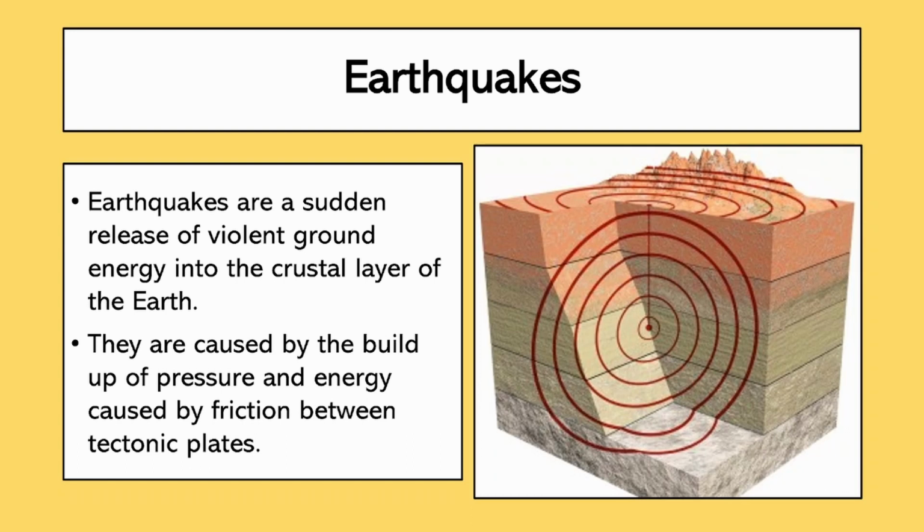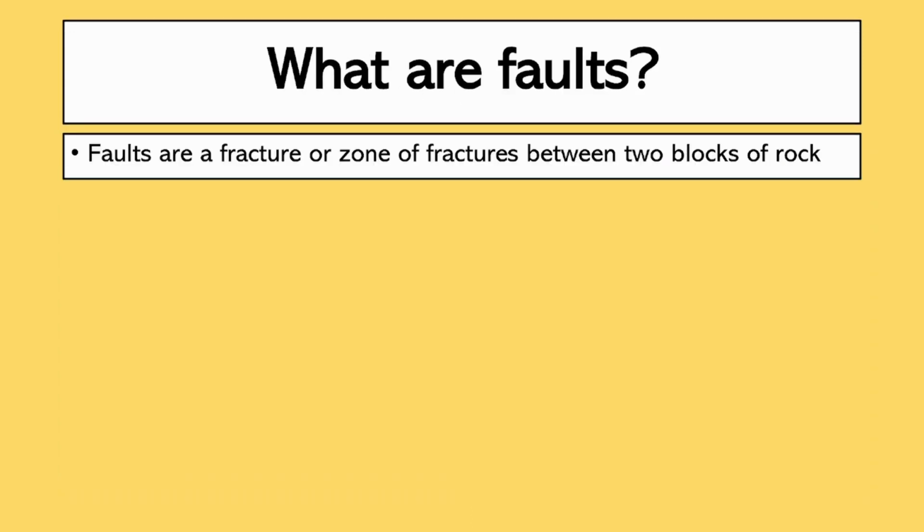The plates are either convergent, divergent, or transform plate boundaries. When you've got a convergent or a transform plate boundary, those plates run into each other and create a lot of friction, and every now and then that energy builds up so much that it releases itself in the form of an earthquake.